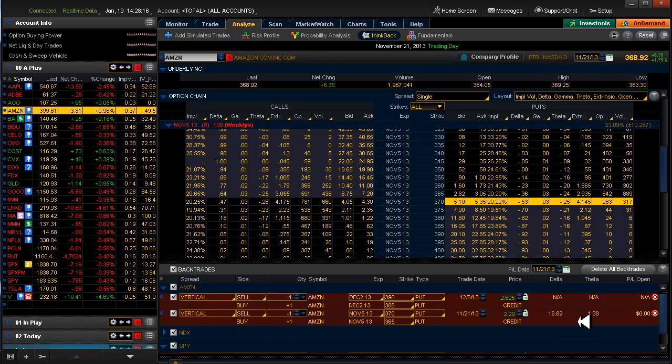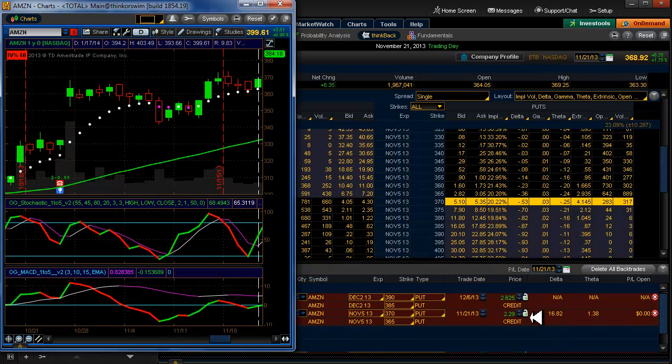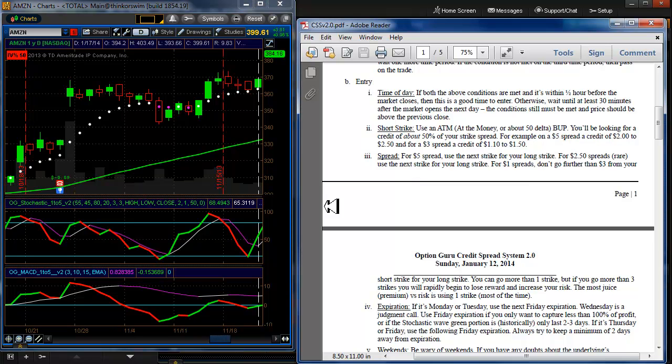So if we would have sold that particular spread, we would have collected $2.29. And make a note of that, just for fun.